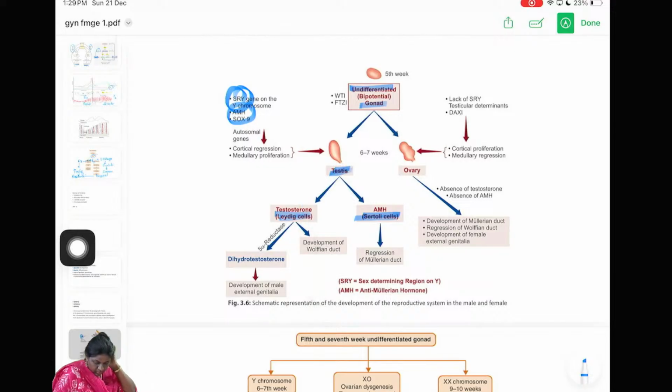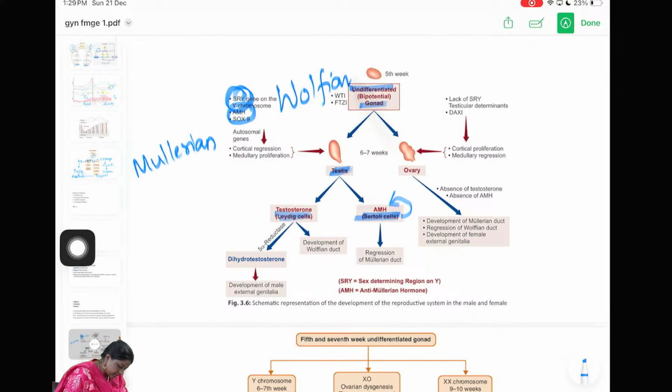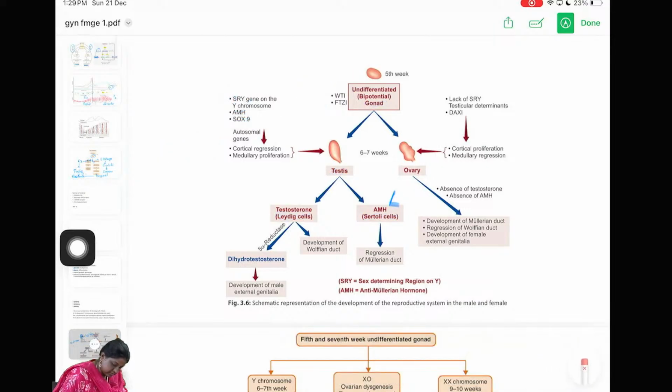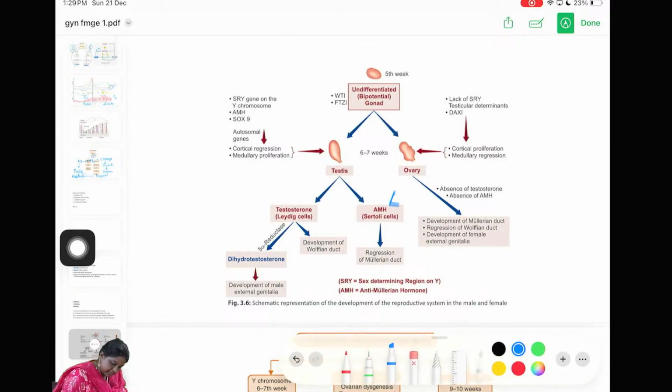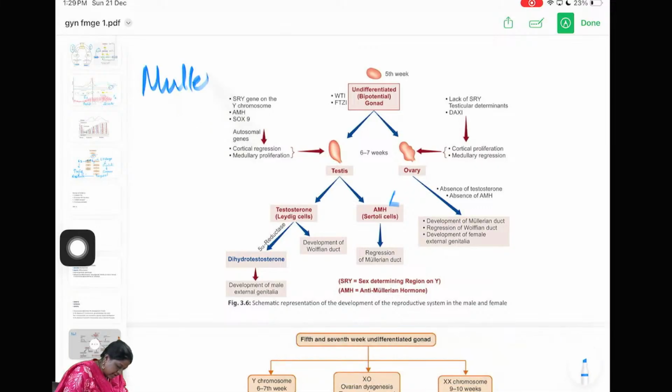The Sertoli cells also produce AMH. AMH means anti-Mullerian hormone. Now you have to understand the Mullerian duct and the Wolffian duct. Let me write it here. Here it is going to be the Mullerian duct and here the Wolffian duct, or the paramesonephric duct and the mesonephric duct.